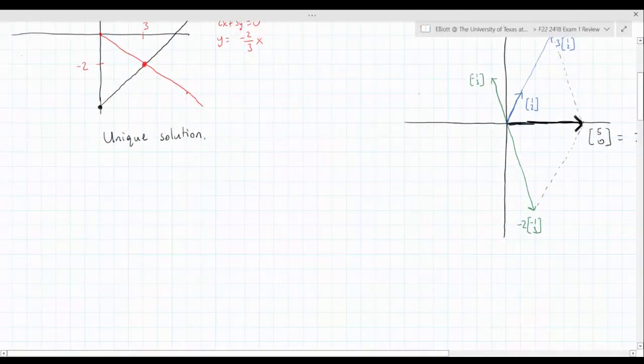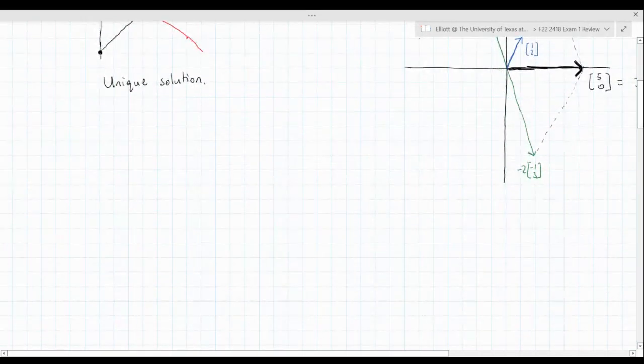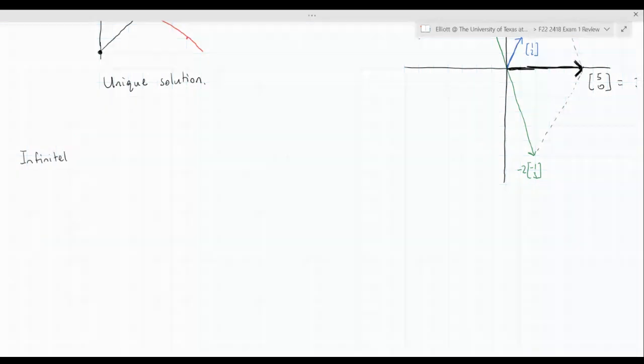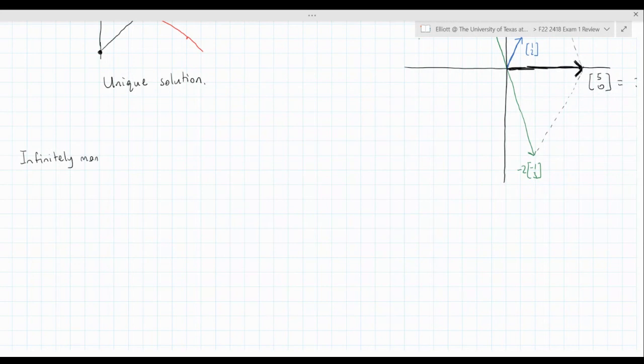But there are two other possibilities as well that one could encounter. So aside from having a unique solution, you could also have infinitely many solutions. That's another possibility. So this would occur, for instance, when you have two equations which are the same.